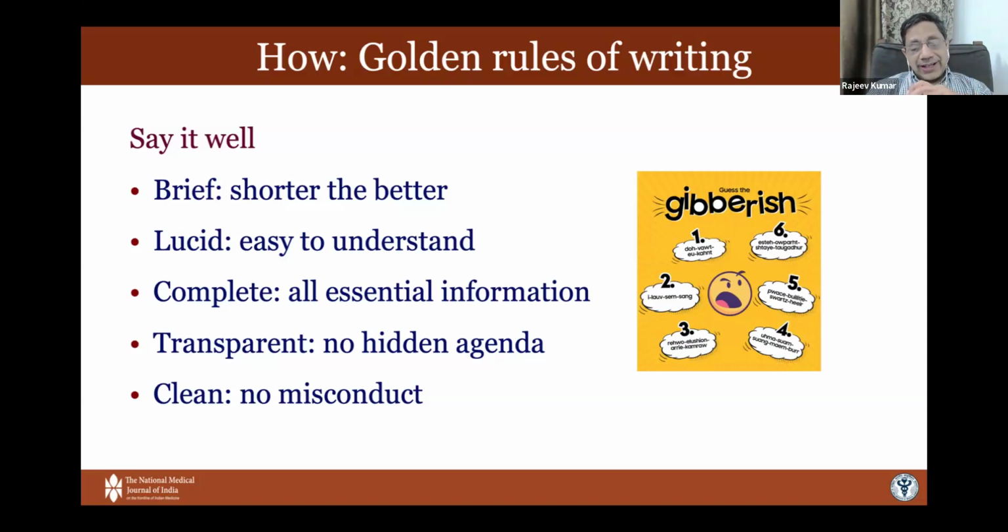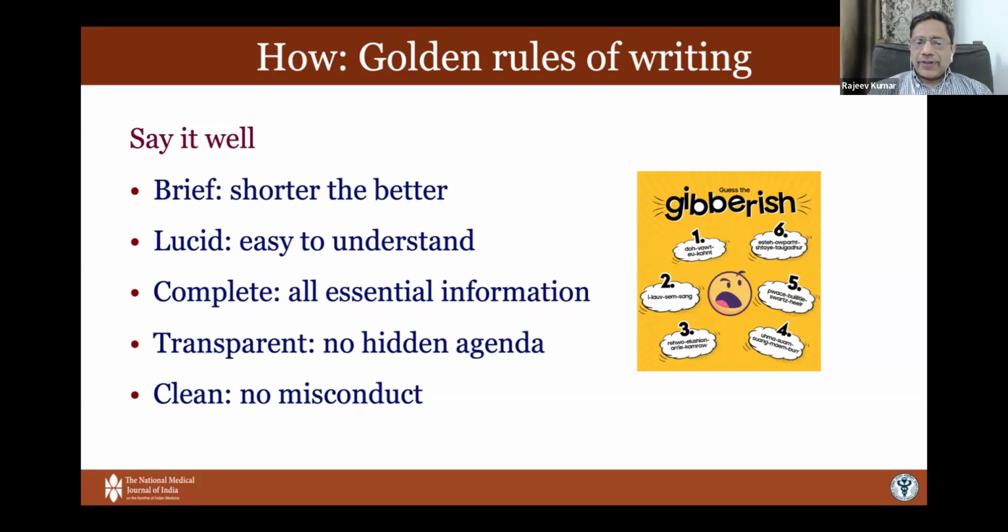You also need to make it clear and easy to understand. Now, this is about language. Unfortunately, over the last couple of years, a lot of writing is happening using online tools. And many times, what an online platform gives you is something you yourself don't understand, because the language is so different from your own language that it's difficult to understand what's been written.